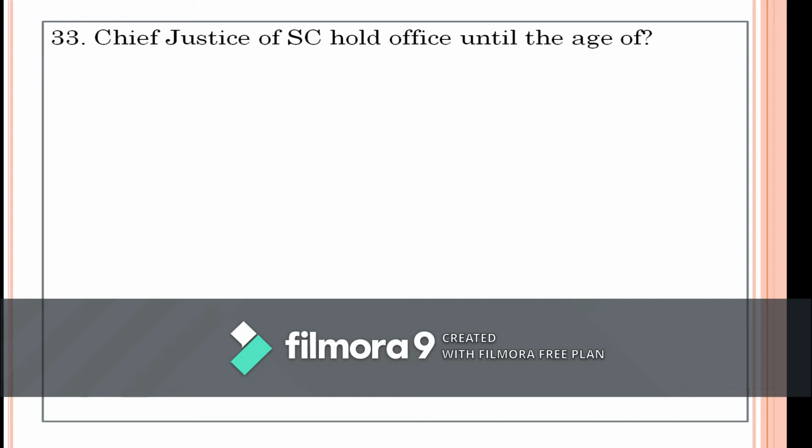So Chief Justice of the Supreme Court holds office until the age of, the answer will be 65 years old. If he or she is 65 years old, then they will be retired.